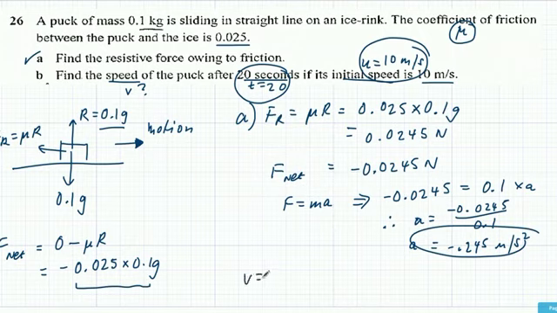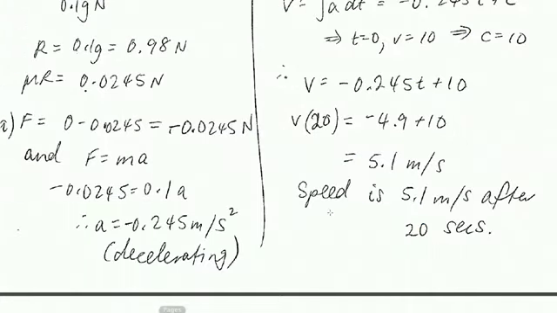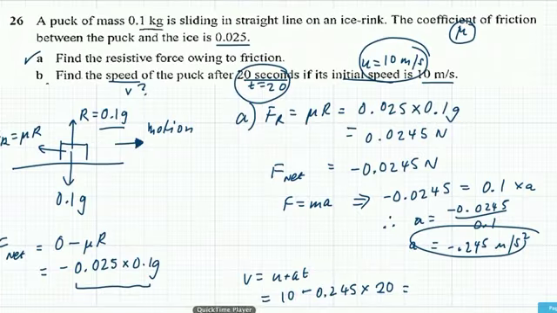So we can use v equals u plus at, where u is 10, a is negative 0.245, and t is 20. And if we put them together, you'll end up with 5.1, and that's meters per second because it's a velocity.